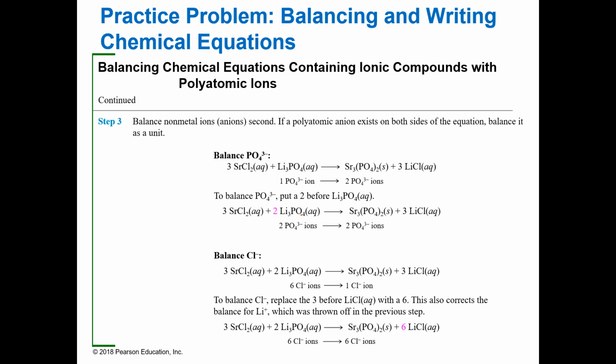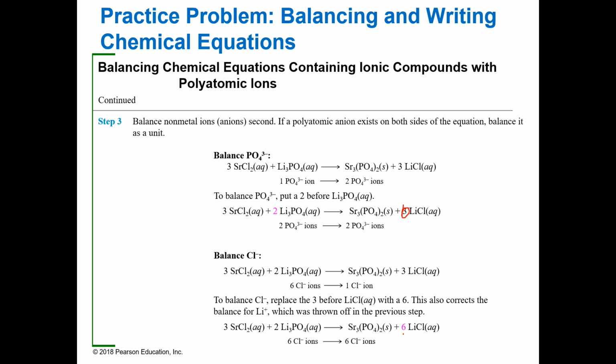So you see that? I put the 2 there. Now, I have changed my lithiums. So we need to be cognizant of that. We have how many lithiums now? I have 6. 2 times 3 is 6. Where I had made it 3 here, but I can easily put a 6 here to rebalance those out.